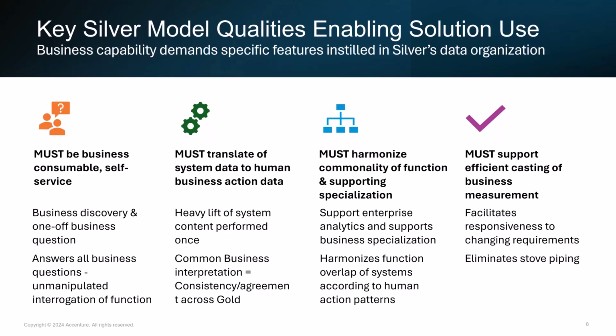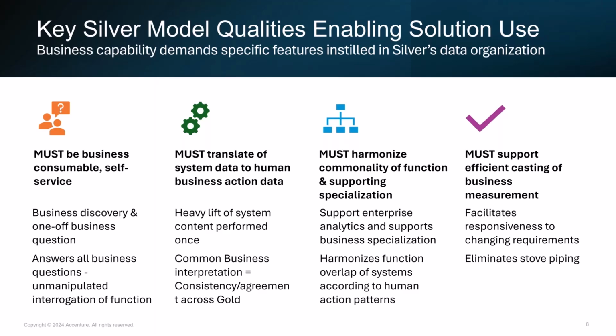So to be directly consumable, data generated by system automation has to be translated to describe human actions. This is really the heavy lift in the architecture in the silver tier that's performed once for consistency across all consumption.